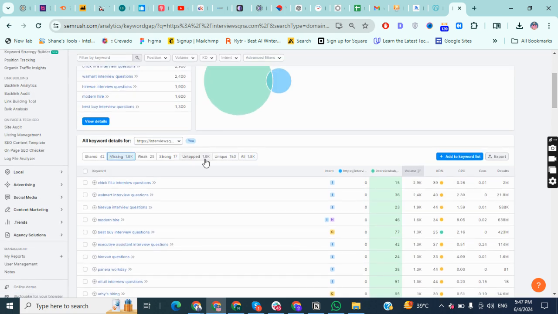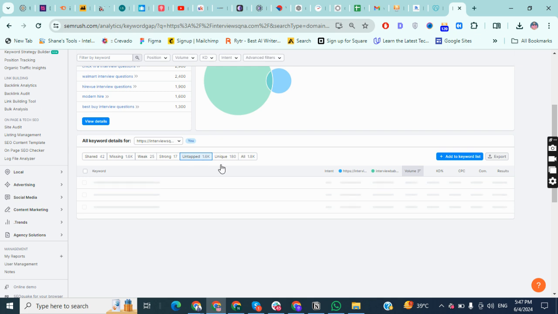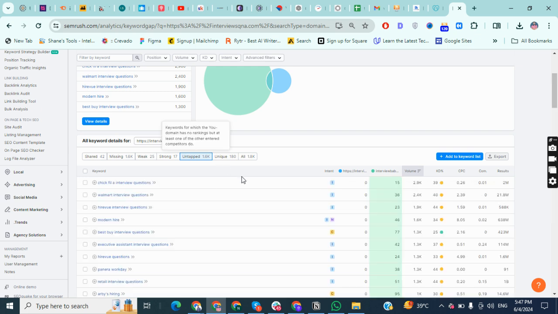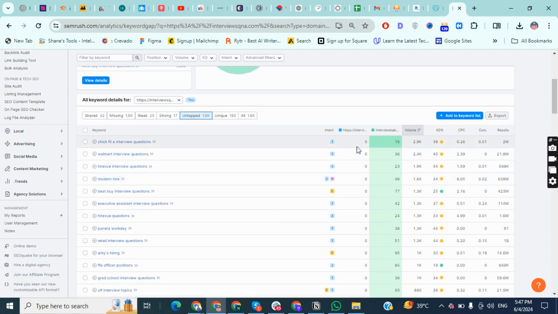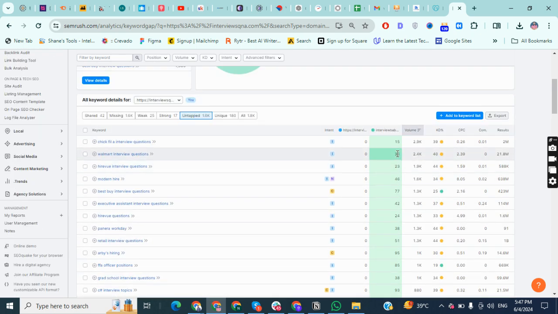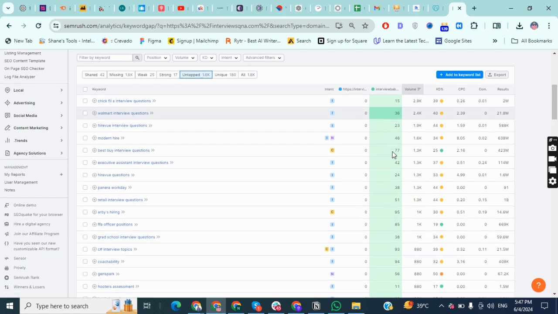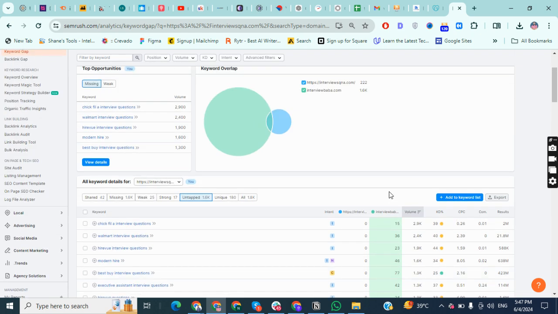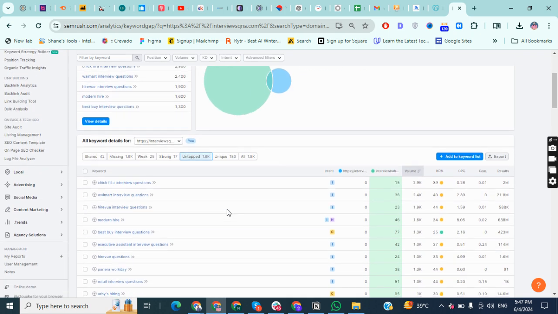And then there are untapped keywords that we should work on. The missing keywords and untapped keywords are the same.